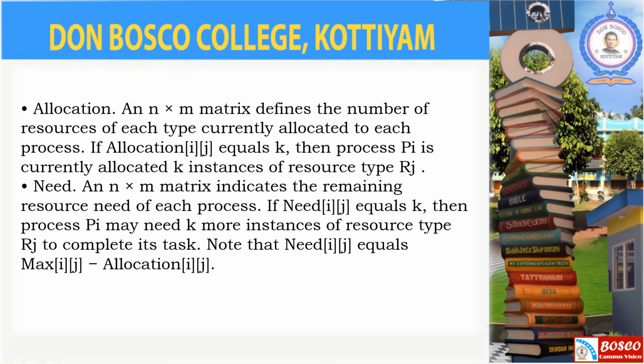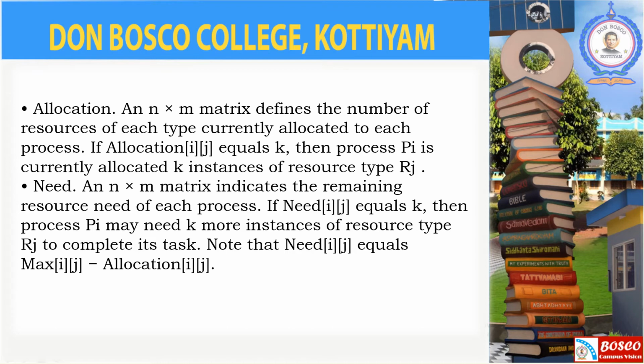The third data structure is Allocation, and it is a matrix that indicates the number of resources of each type currently allocated to each process. It is an n into m matrix.